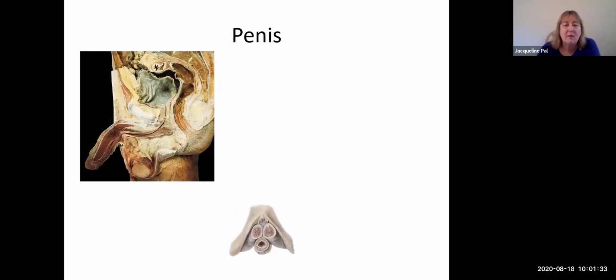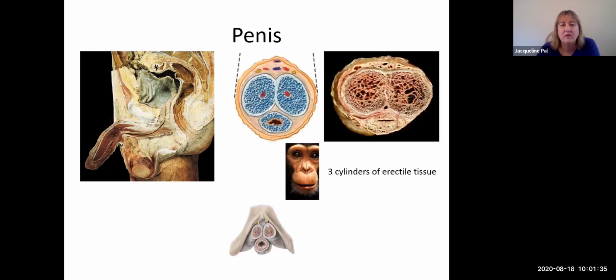So, talking about the penis, if we do a coronal section of it, it kind of looks like a monkey's head, because there are three cylinders of erectile tissue. So the erectile tissue that surrounds the prostatic urethra is the corpus spongiosum, and that actually makes all the contents of the glans penis. And then in the penis, there are two fairly significant arteries that have erectile tissue where the spaces are quite a bit larger.